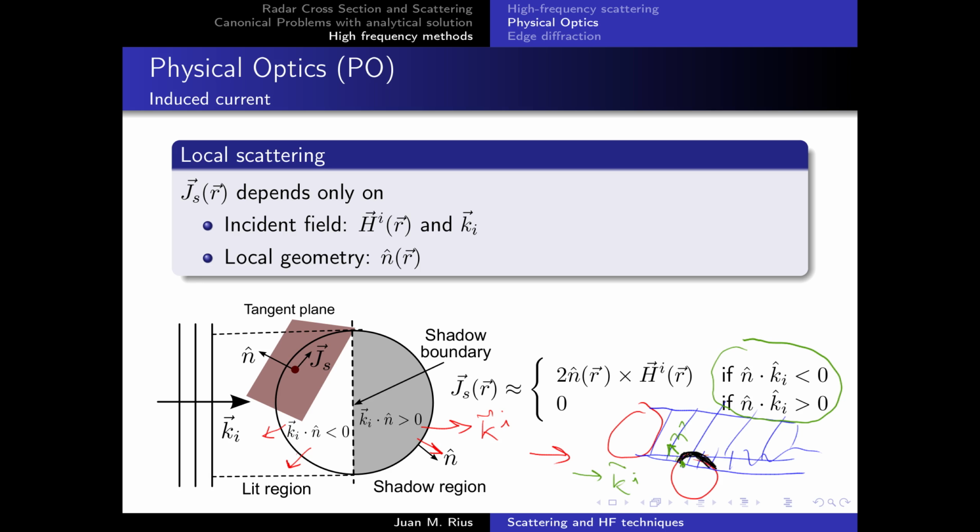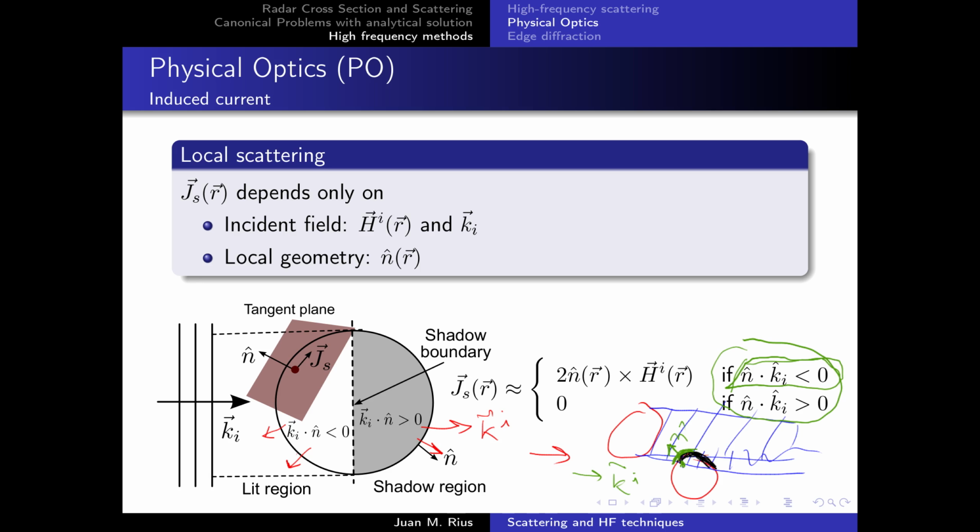Here we have a surface section that is shadowed by the first cylinder, but it agrees with the condition for illuminated regions, because this condition does not take into account the shadowing by other parts of the object. So this is the difficult part of physical optics.